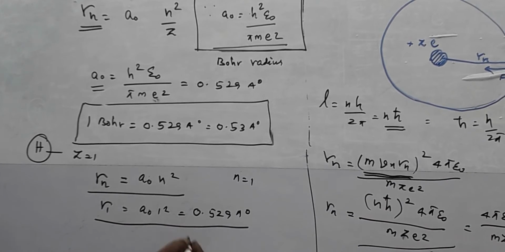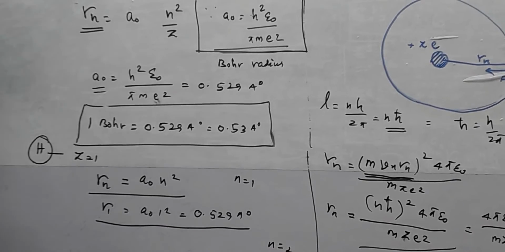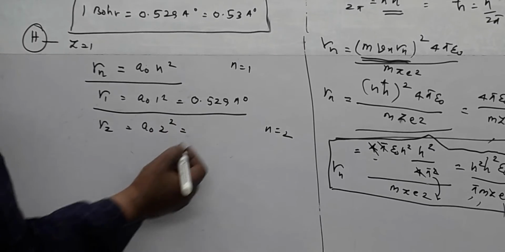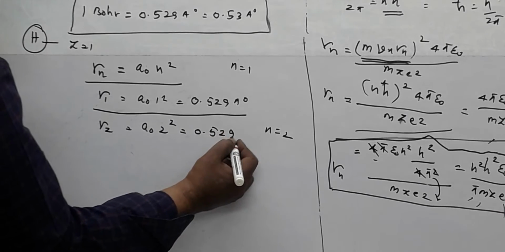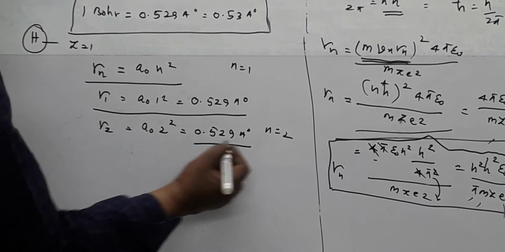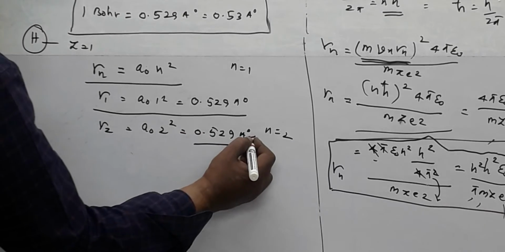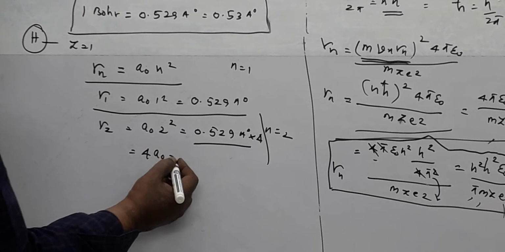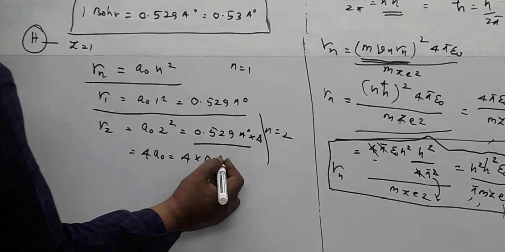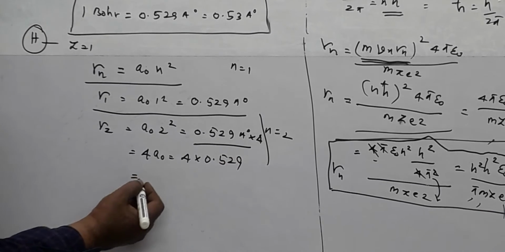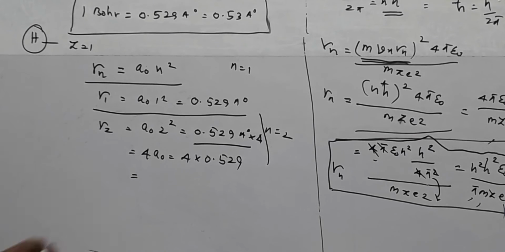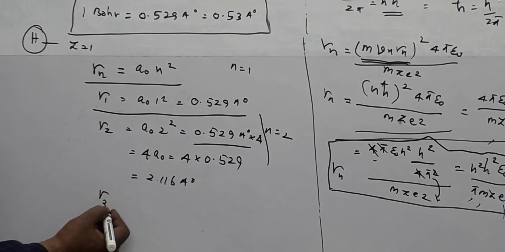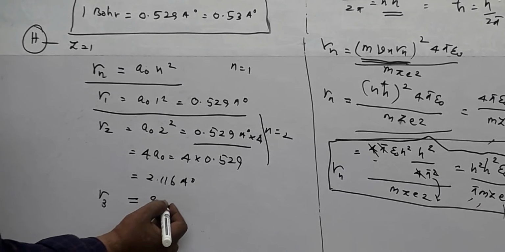If you want to find R2, n equal to 2, then a naught into 2 square, that is 4 a naught, or 4 into 0.529, which equals 2.116 Angstrom.